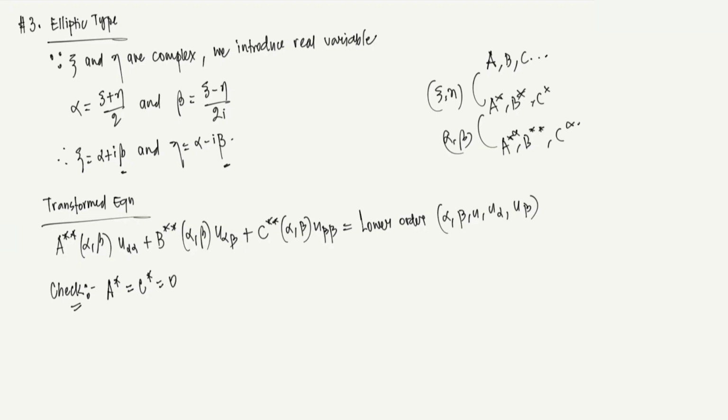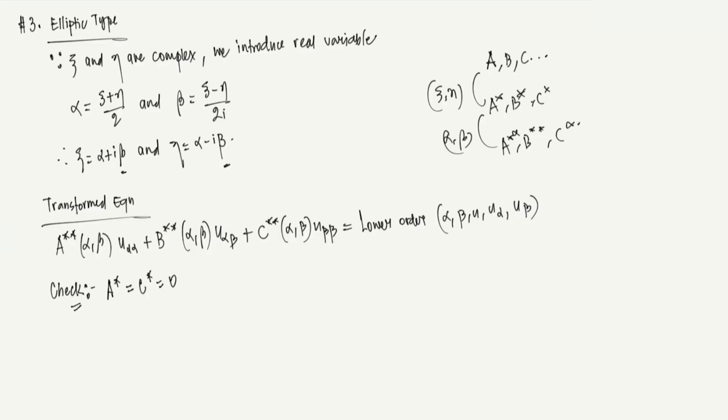Yes? So you can check that part, right? It has to be 0 because, as long as xi and eta are concerned, even though they are complex, they exactly mimic the hyperbolic part only. They are complex, of course, but they actually mimic the whole hyperbolic theory. So basically A star and C star in this case will become 0.